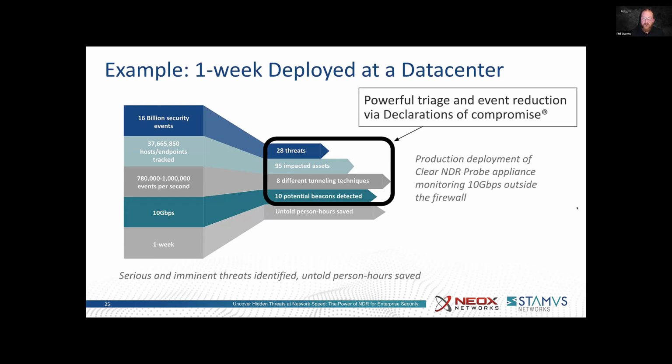Those numbers are much smaller and much easier to handle from a SOC perspective than those billions of security events that you may be dealing with today. So just lots of hours saved.